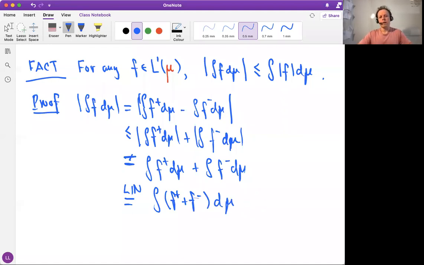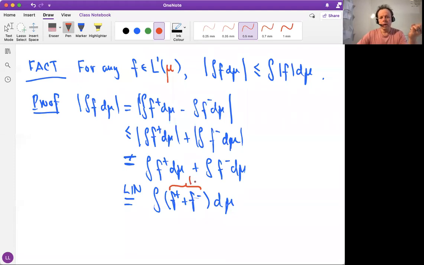And now if you look at what is f plus plus f minus, with a bit of thinking you might recognize that if f happens to be positive valued, then this gives f itself and this gives 0. If the value of f is negative, then this one gives minus f and this one gives nothing.